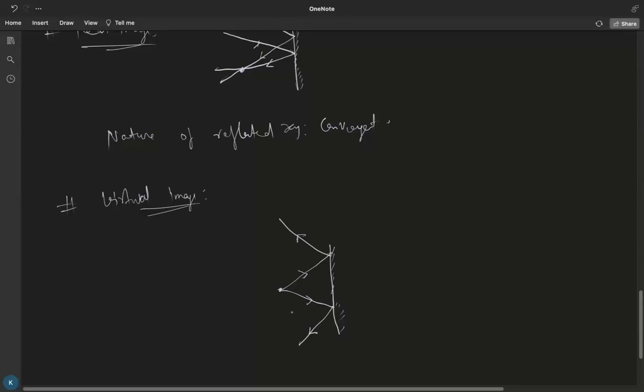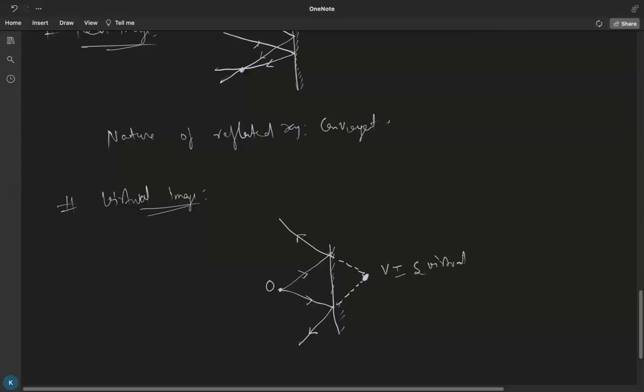But here, if you look, there is no real intersecting point of the reflected rays because the two rays diverge from each other, right? So when you extend both of the rays backward, there is a virtual meeting point here. This is our object, and this is our virtual image, VI.